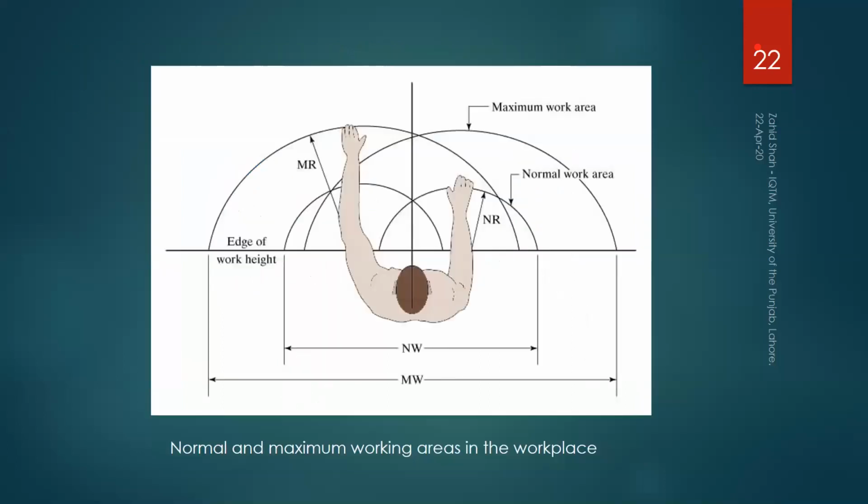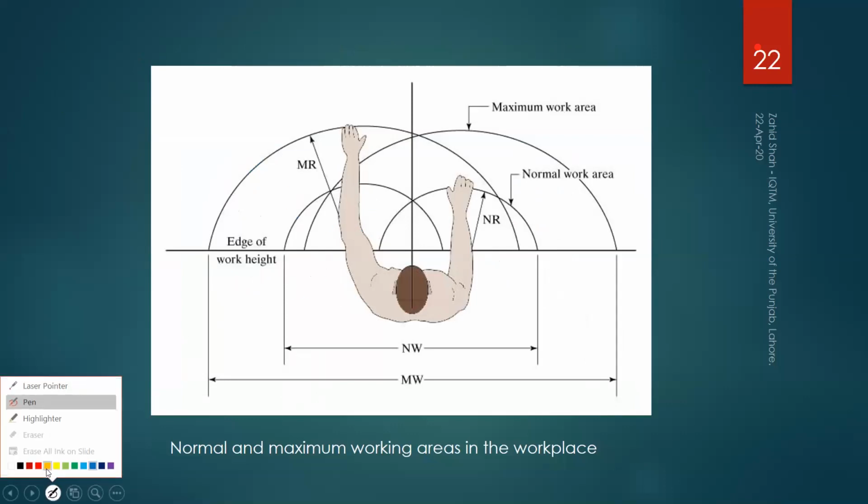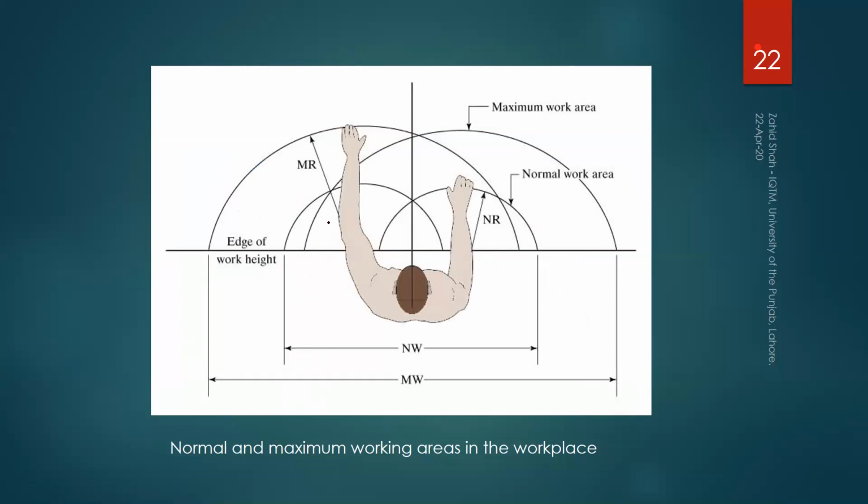We have already discussed this figure in work study. You can see the work envelope is shown. That is also an example of functional data. So for example, this NR, you can call it normal radius or normal reach, for the right hand, and this is for the left hand.